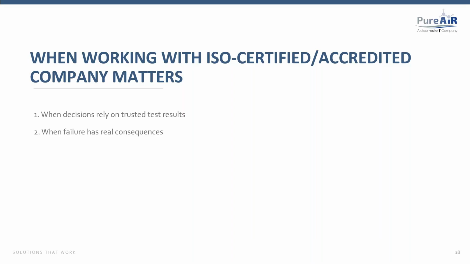When failure has real consequences, like I said, it won't say that there are no issues ever, but with the ISO system, you'll know that it is looked at a lot stricter in terms of quality. It is the documentation for final inspections for almost every step along the way.